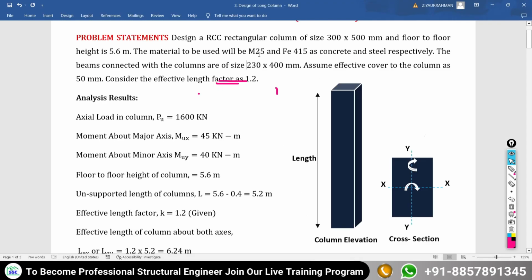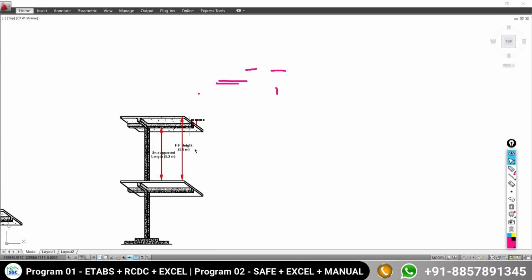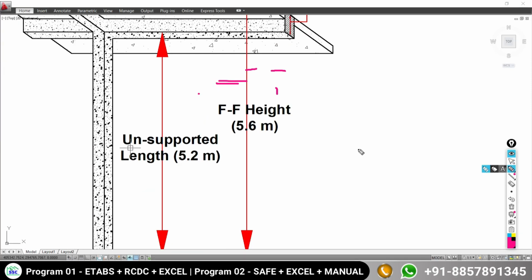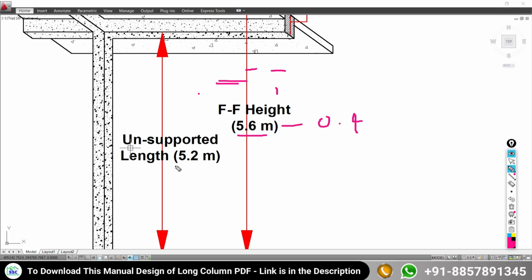Look at the problem statement: the size of the beam is given as 230 by 400 in depth. If you subtract this 400 from the floor to floor height, you will get the unsupported length of the column. So 5.6 minus 0.4 gives the unsupported length of the column as 5.2 meter.